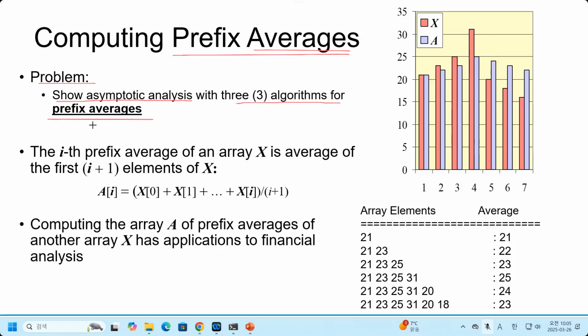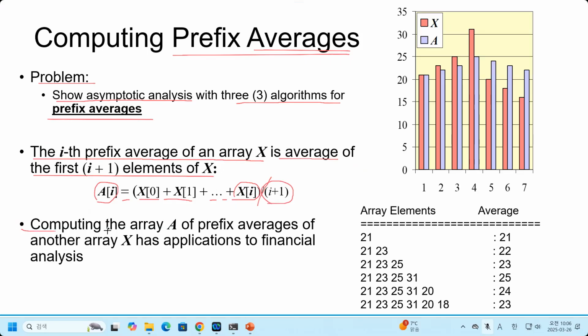The prefix average of an array X: the i-th prefix average is the average of the first i plus 1 elements. We have this formula: A[i] equals x0 plus x1 plus something until xi, divided by i plus 1.